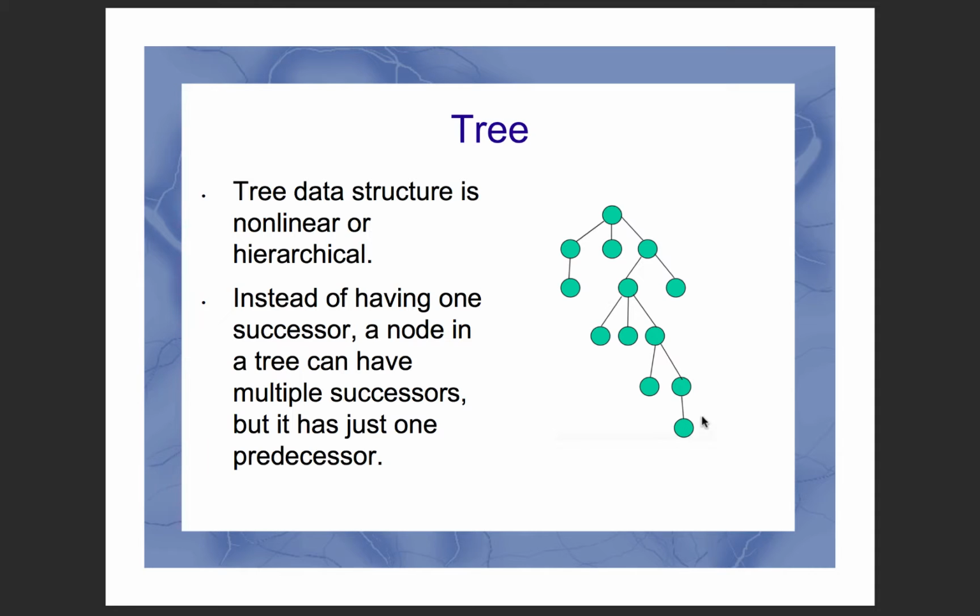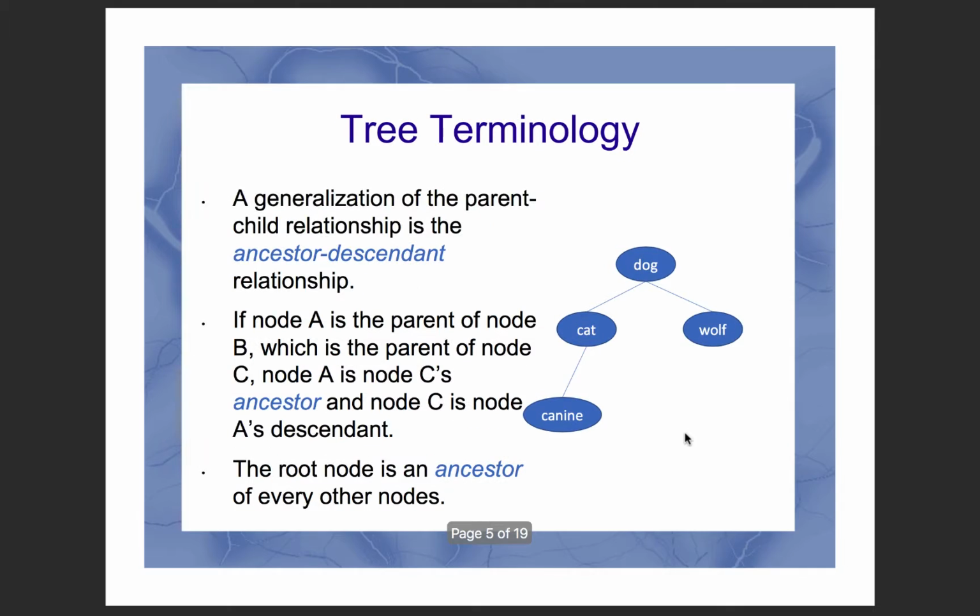So you can see that the level of this node is 6. You can count the nodes 1 2 3 4 5 6 if you follow the single path. So this is the way you can calculate the level of a node in a tree.